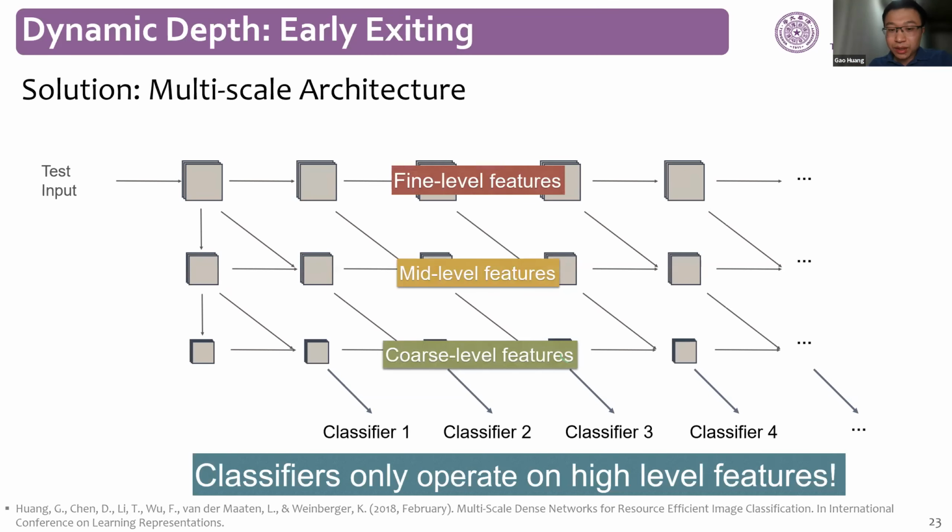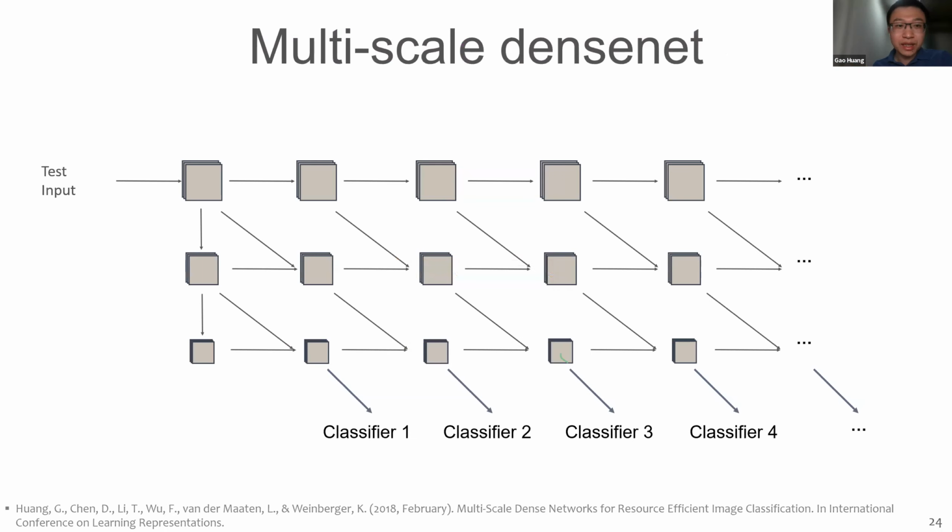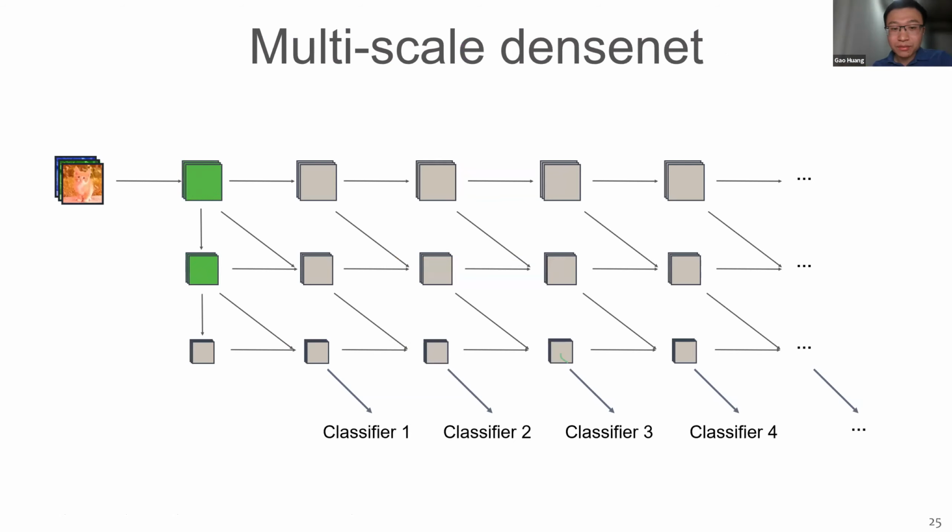To train this network, we just use the normal training process. We just sum up all the losses of the classifiers and train them as an ensemble model. However, during the inference stage, we first inference the first classifier, and we compare the confidence with a given threshold.